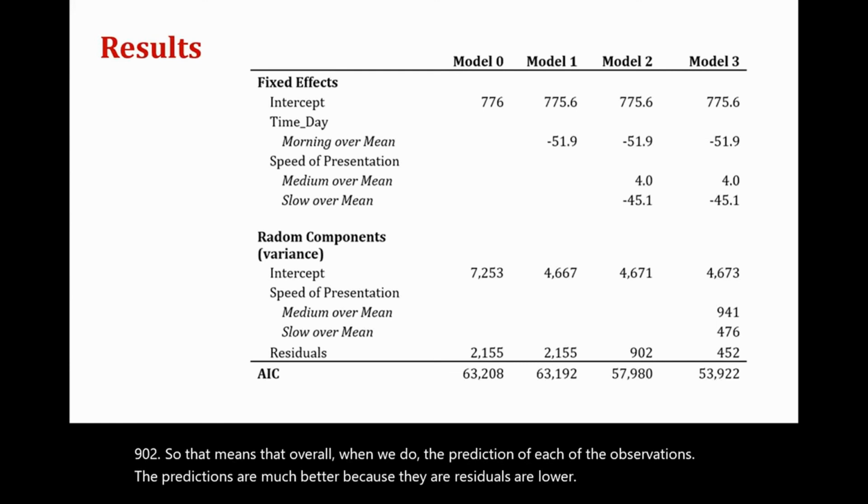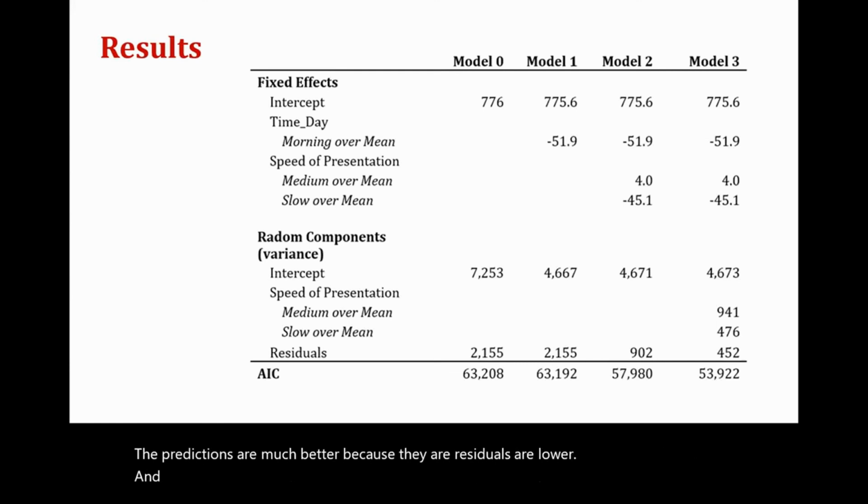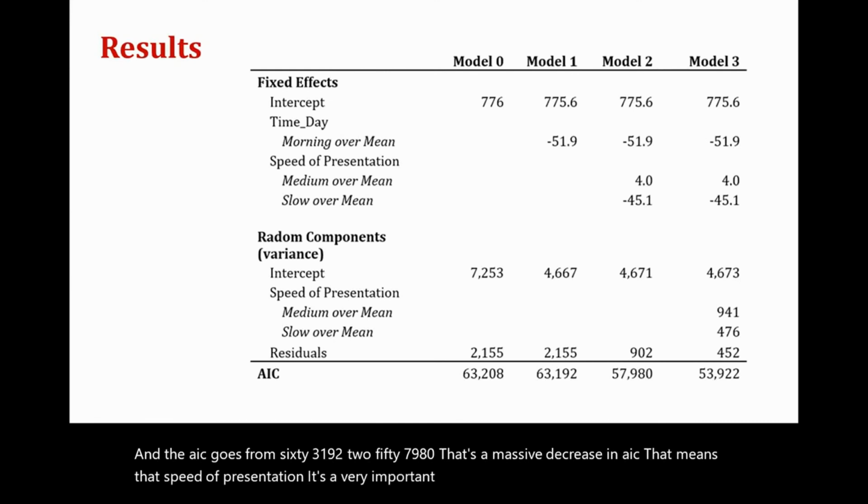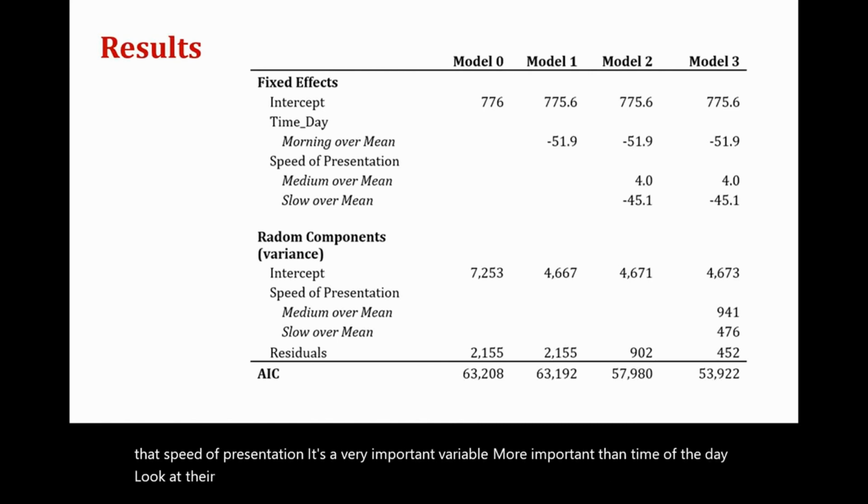And the AIC goes from 63,192 to 57,980. That's a massive decrease in AIC. That means that speed of presentation is a very important variable, more important than time of the day. Look at the reduction in the AIC, much more when we add speed of presentation.